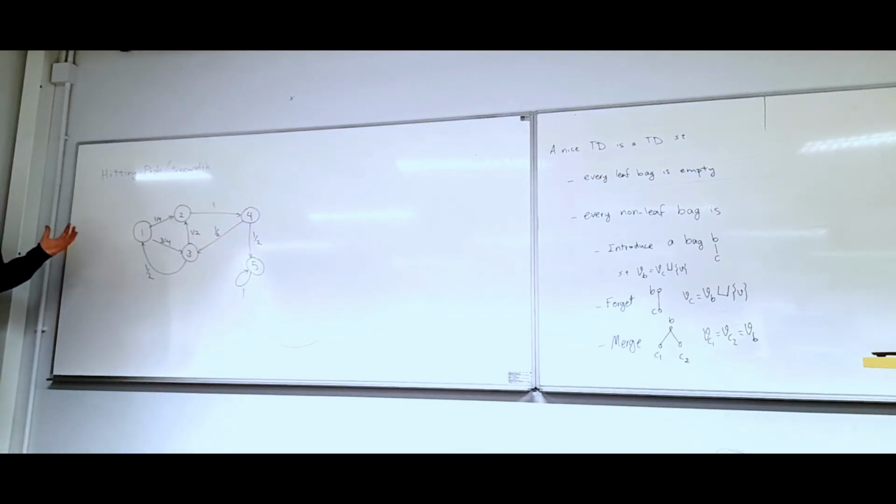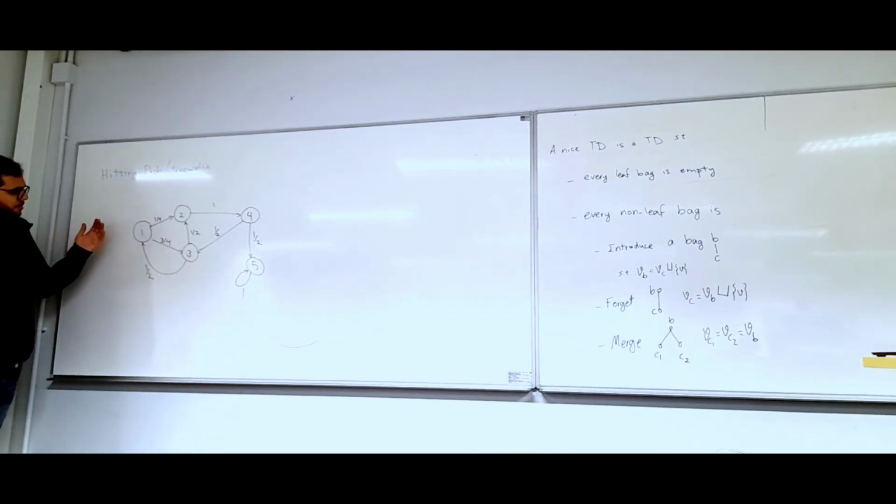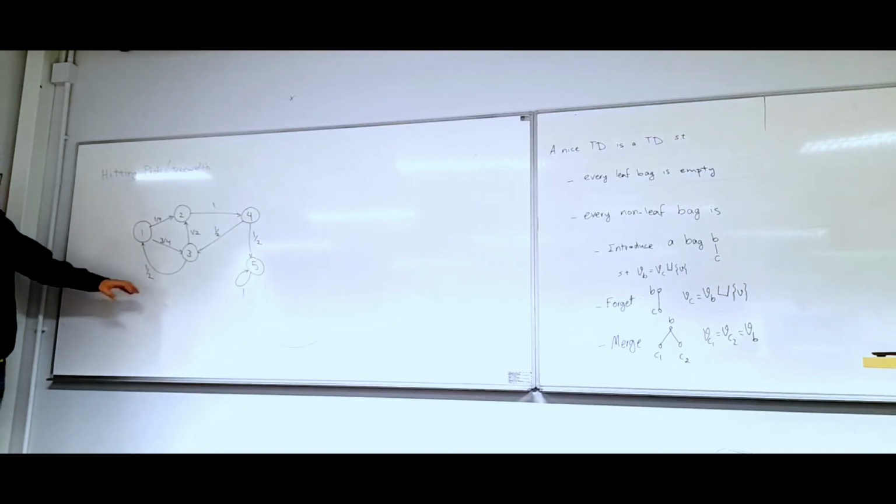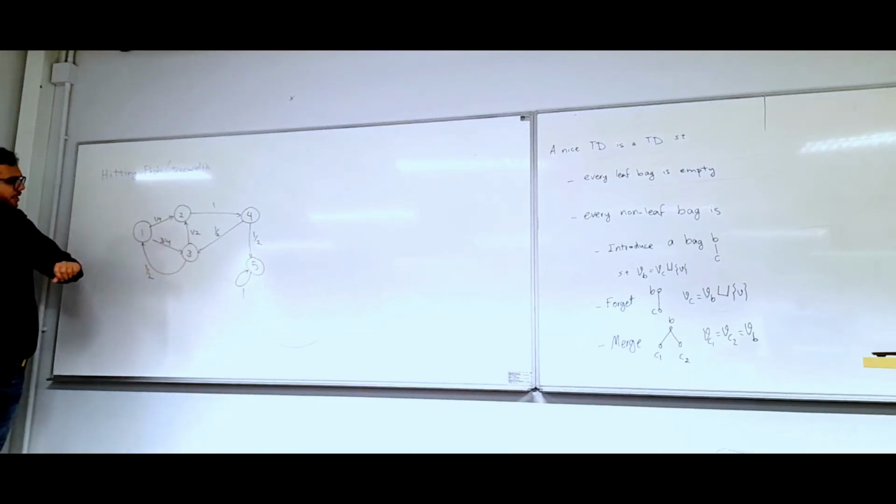A Markov chain is just a directed graph such that you have probabilities on all of the edges, and the sum of outgoing probabilities from every vertex is 1. Now, of course, you can imagine what we want to do with this. We want to start at some vertex and then just follow the edges according to their probability. So if my starting vertex is vertex 3, I just say, okay, with probability half I go to 1, with probability half I go to 2.